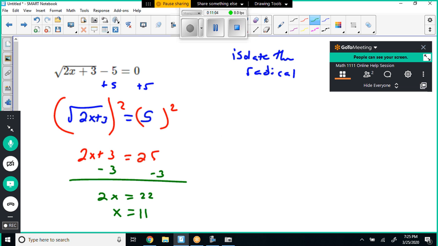Now, it said to check for extraneous solutions. So what I'm going to do is plug 11 back in. 2 times 11 would be 22, plus 3 would be 25. The square root of 25 would be 5. 5 minus 5 equals 0. So 11 checks out, right? Did that make sense?